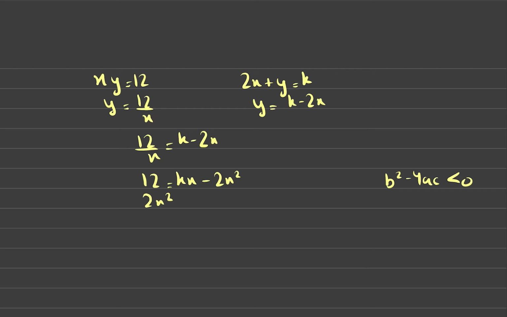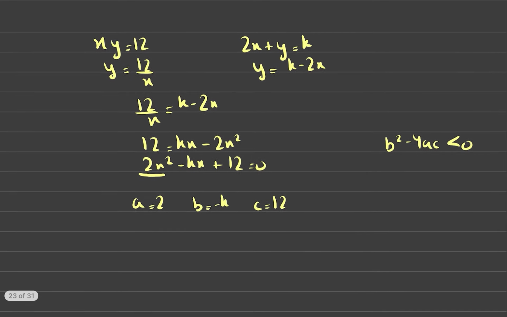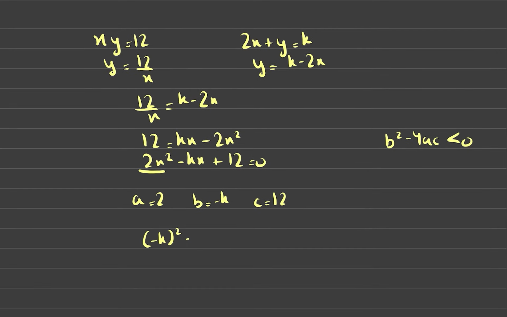Shift x squared to one side, making sure it's positive, plus 12. Now a is equal to 2, b is equal to minus k, and c is equal to 12. Minus k squared minus 4 into 2 into 12 is less than 0.